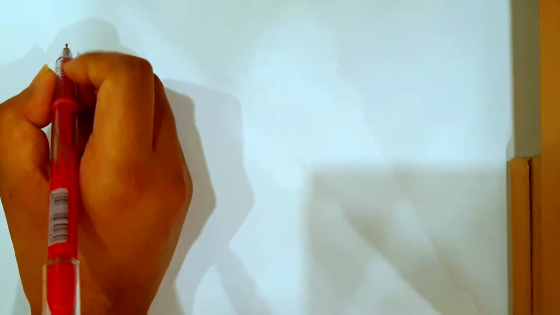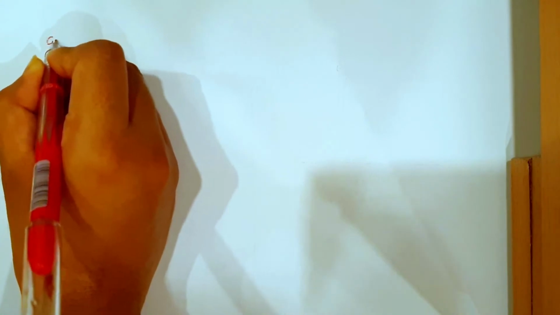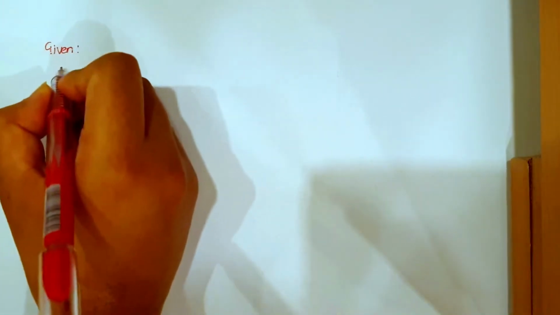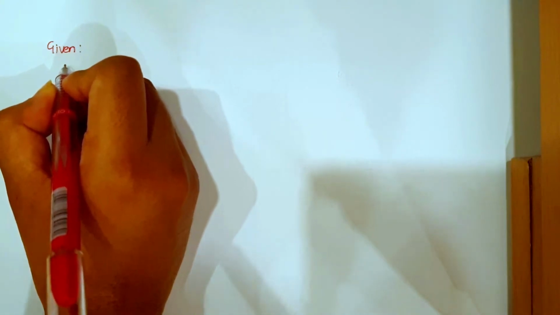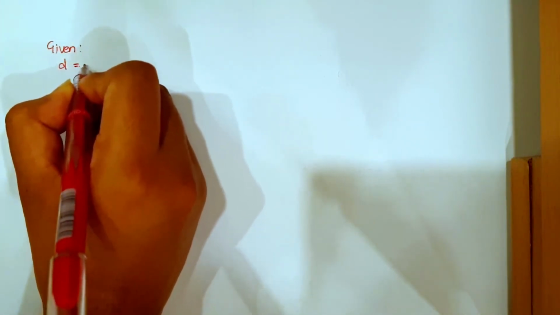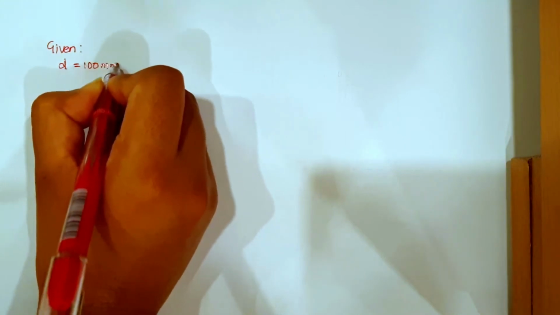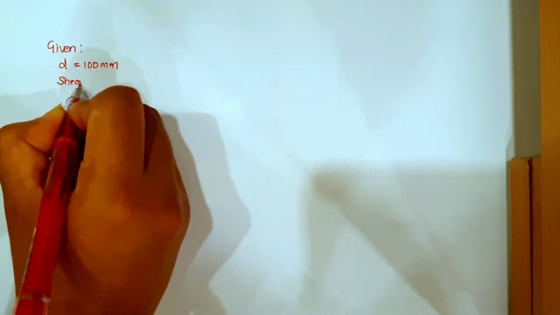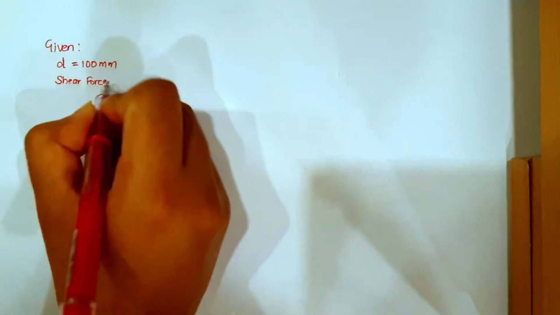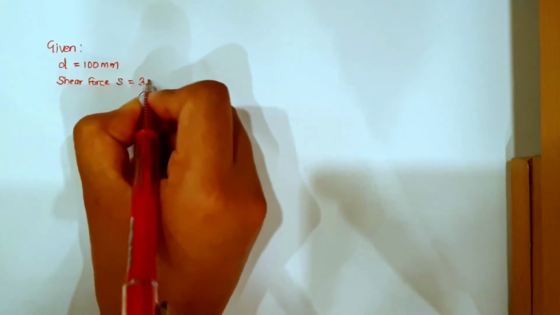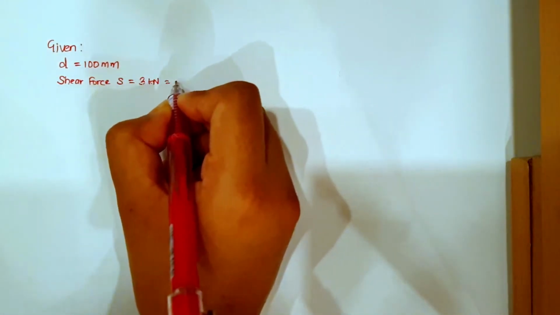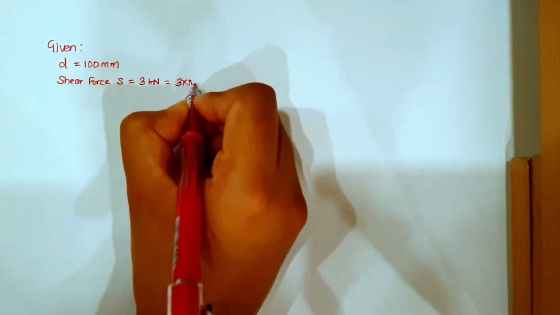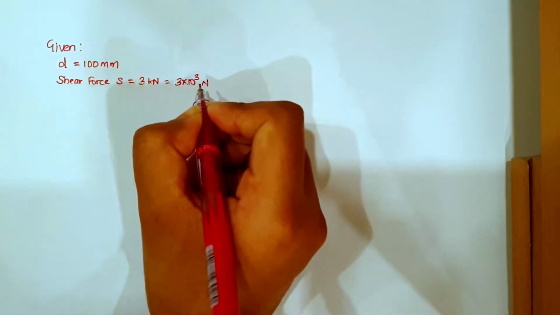Now let us first write down the given from the question. Given, we have the diameter of the circular section d equals 100 mm, and it is subjected to a shear force S. Shear force S equals 3 kilonewton, which if we convert it into Newton, will be 3 into 10 raised to power 3 Newton.